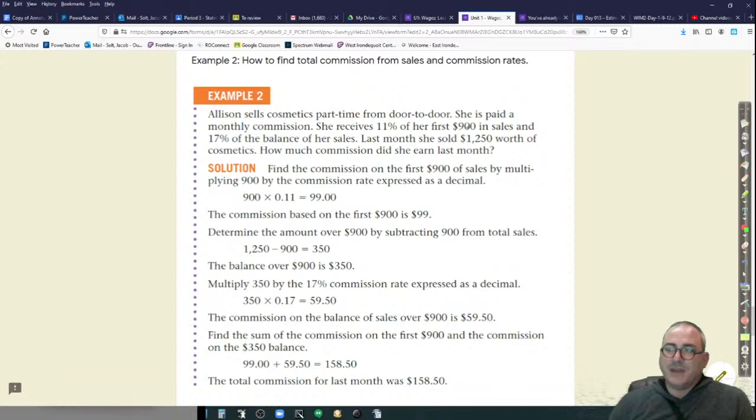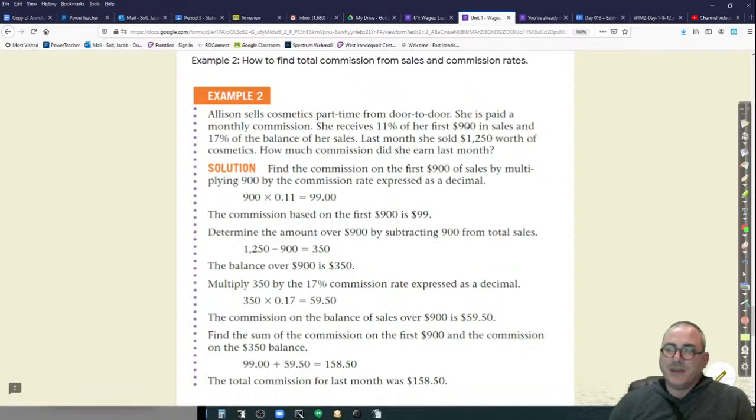All right, well, here's how we're going to figure this out. Find the commission on the first $900 of sales by multiplying 900 by the commission rate expressed as a decimal. So we know that she receives 11% based on the first 900. So we're going to take care of that problem first. Here's the $900, the first $900 of cosmetics she sold.